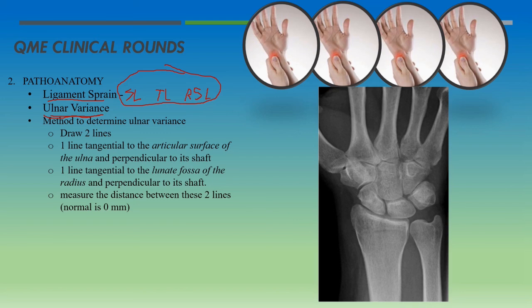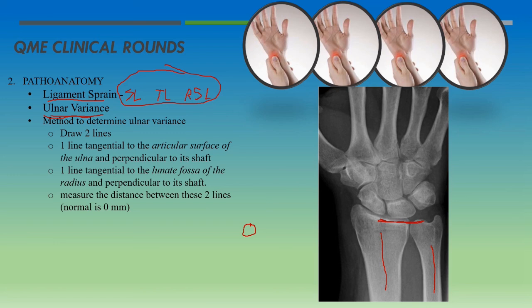So with regards to ulnar variants, it has to do with the relative lengths of the radius bone compared to the ulna bone. Now, in a normal wrist, a wrist with neutral or zero ulnar variance, the articular surface of the distal radius is congruent and confluent with the articulating surface of the distal ulna.